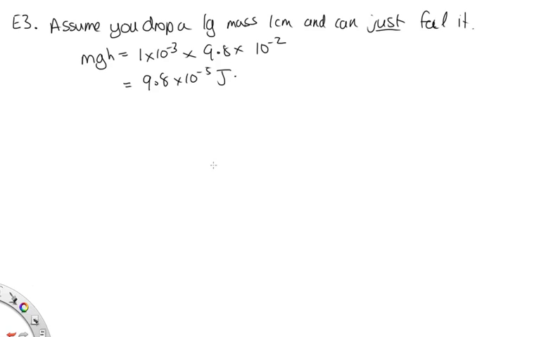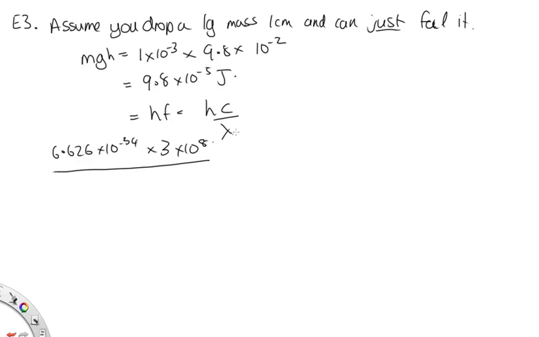Now we're asked to find the wavelength of the least energetic photon. So what we need to do now is equate this to the photon energy, which is equal to hf, which is hc on lambda. So we have 6.626 times 10 to the minus 34 times 3 times 10 to the 8 over our maximum wavelength.